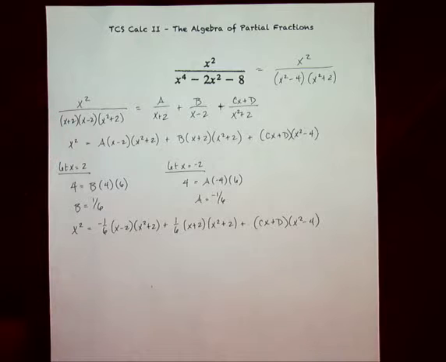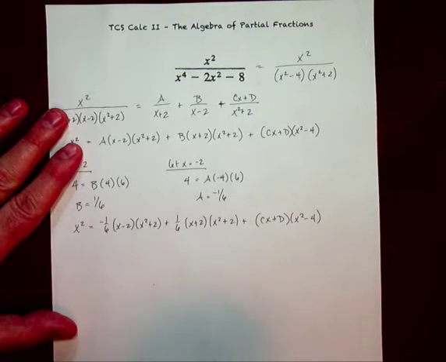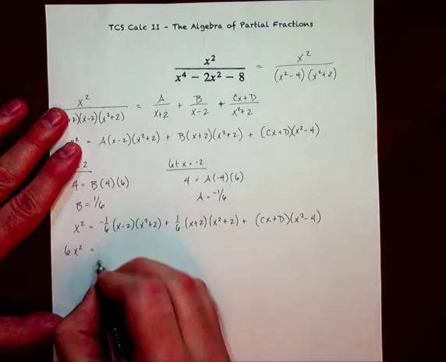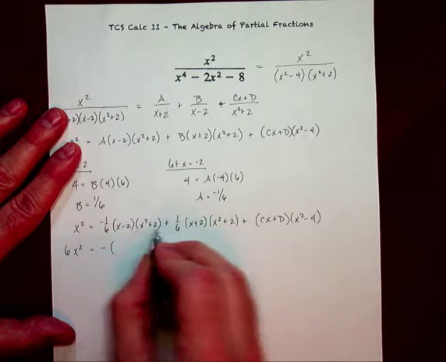I have fractions. Should you be able to work with fractions? Sure, but if you don't have to, why would you want to? The easiest thing to do in this case is just multiply through by 6, and we'll do that as we're simplifying these. Let's go ahead and multiply these as well.